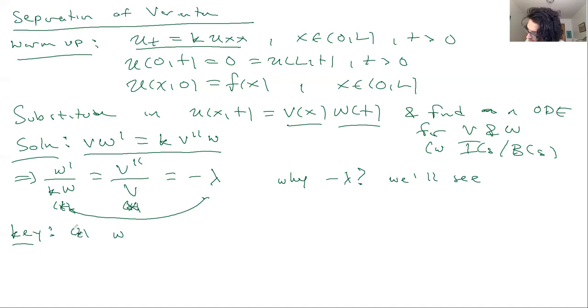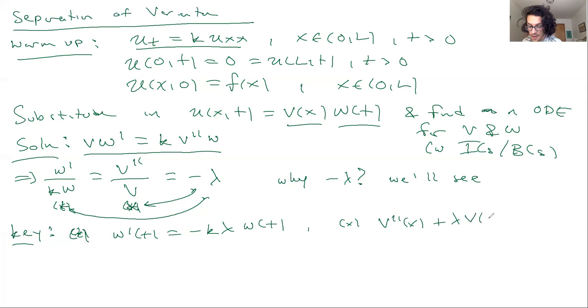So the t version, I get W prime of t is equal to minus K lambda W of t, okay? And the x version of the equation, I compare with the minus lambda, and I get V prime prime of x plus lambda V of x is equal to 0, okay?